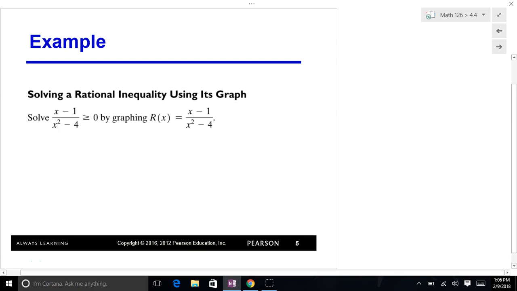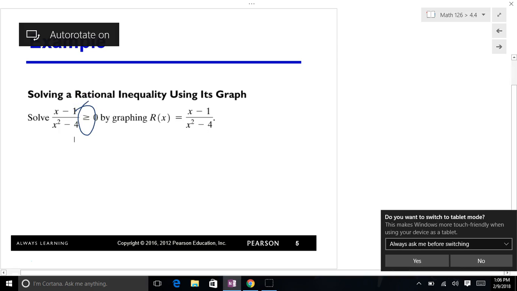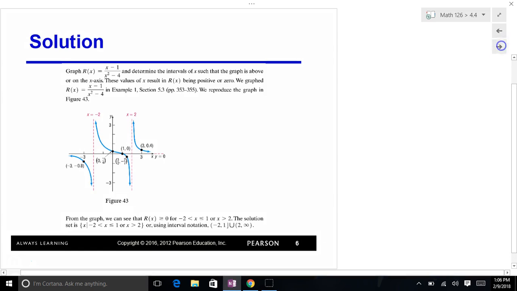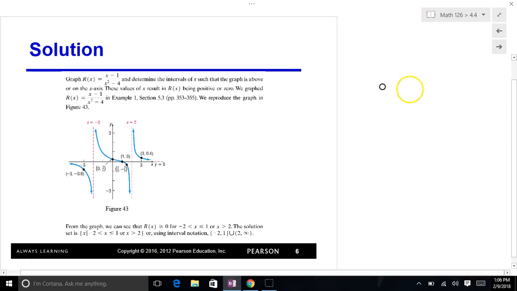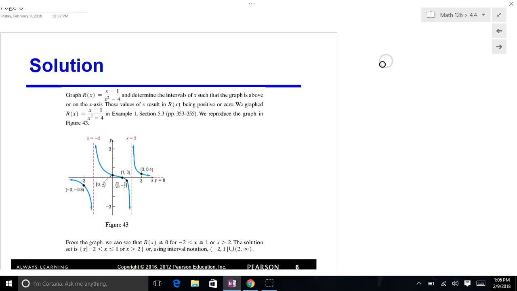Now, rational inequalities, whereas this one greater than or equal to 0, let's look at its graph. So notice it's greater than or equal to 0.